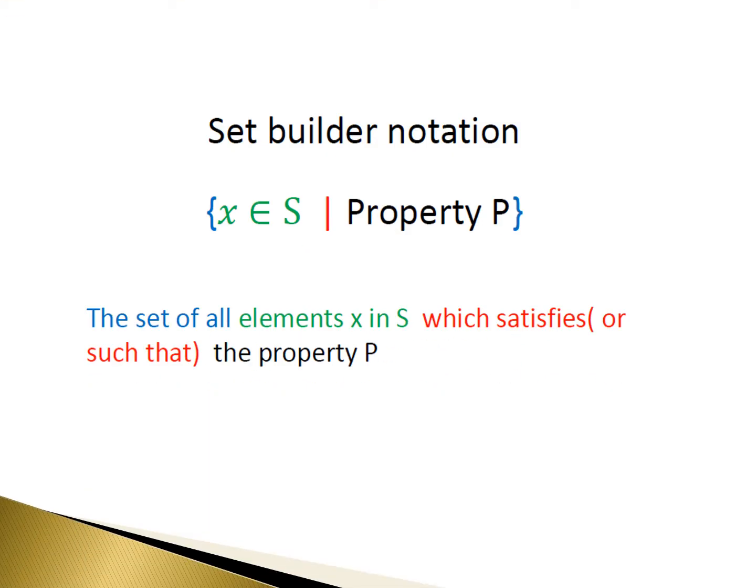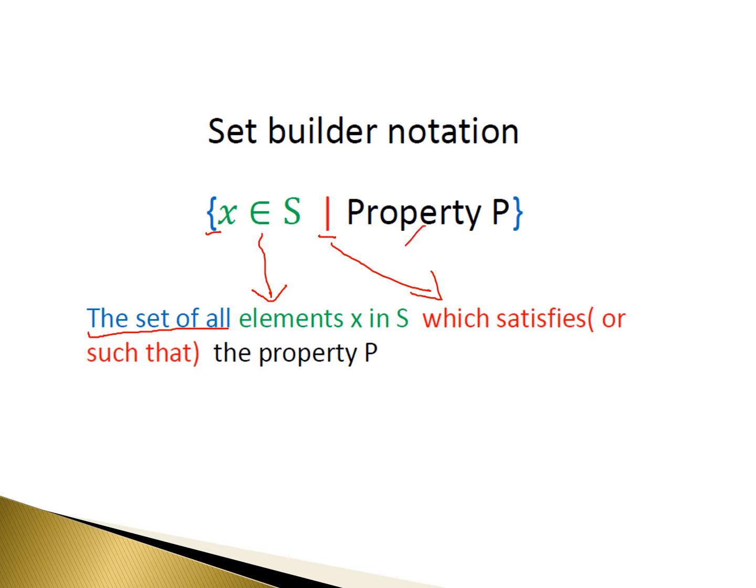Next, we have the set builder notation. As you can see, it is color coded. The blue bracket is read as the set of all elements. The green part is an element x in X. The vertical line is read as which satisfy, or such that.